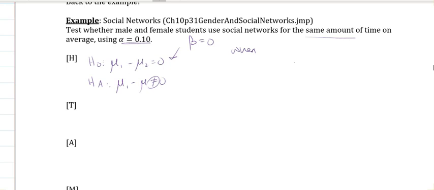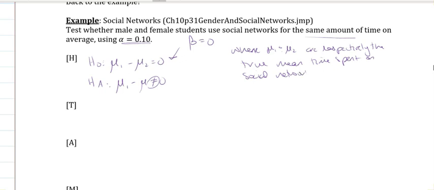So we're going to say where mu1 and mu2 are respectively the true mean time spent on social networks for male and female students.